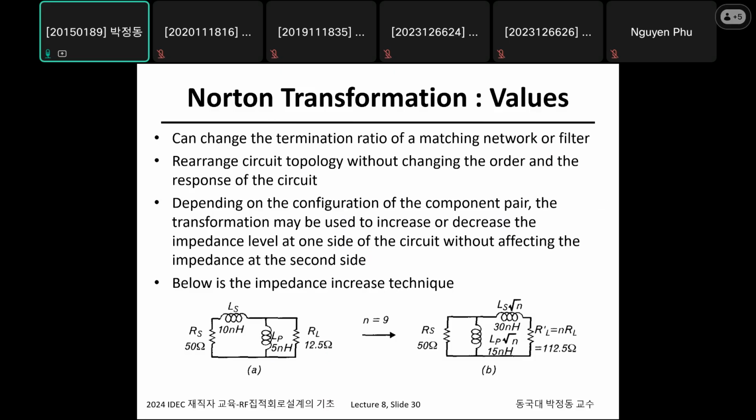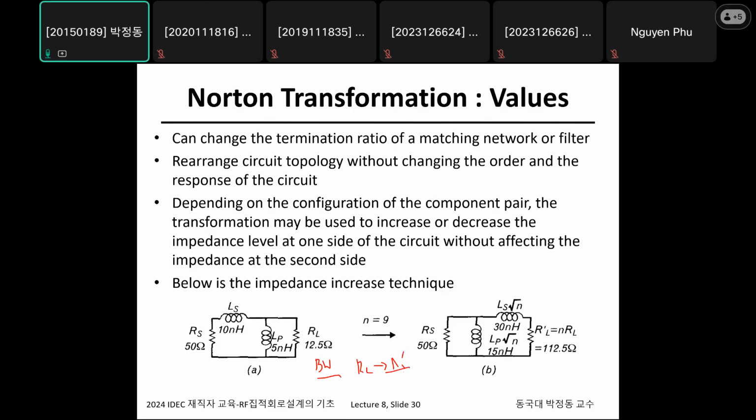Now, this is new material, Norton transformation. Sometimes you find that we need to change the load value, but we don't want to change performance. For example, we want to keep the bandwidth exactly the same, but the load impedance is changed from RL to R prime.